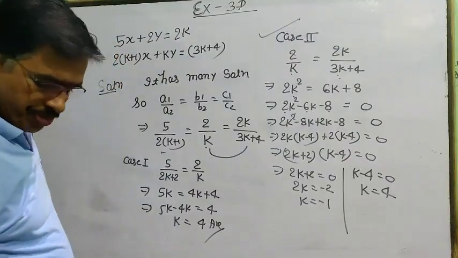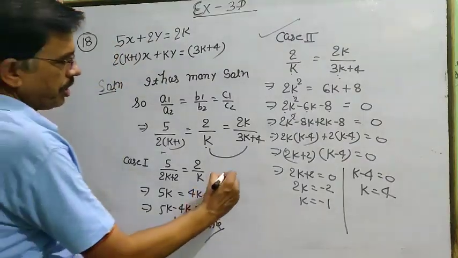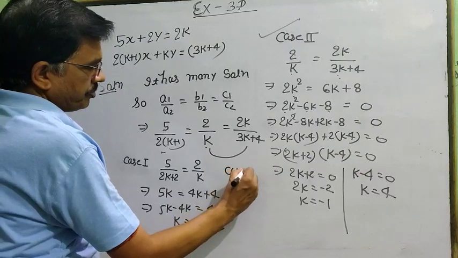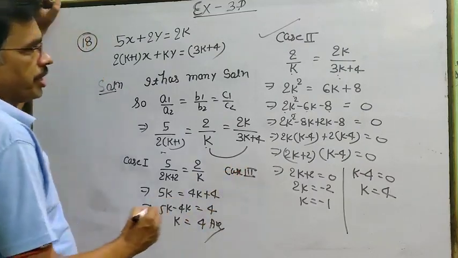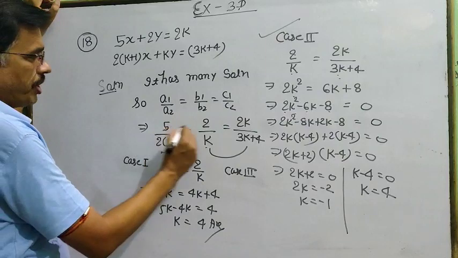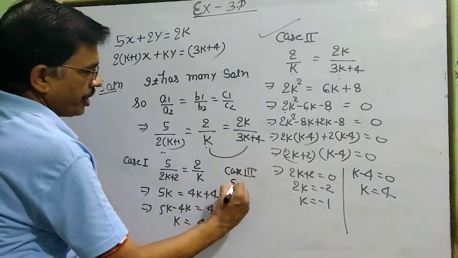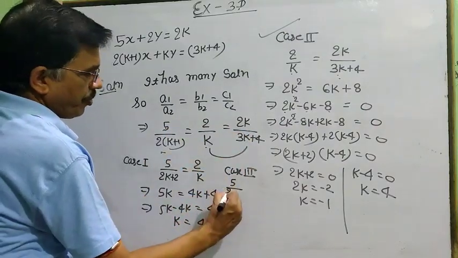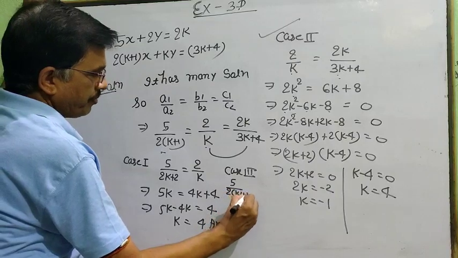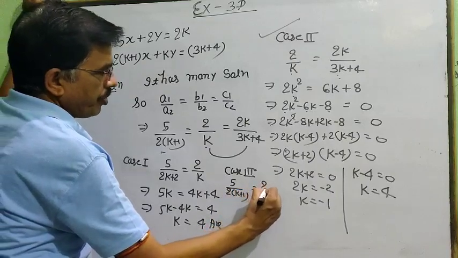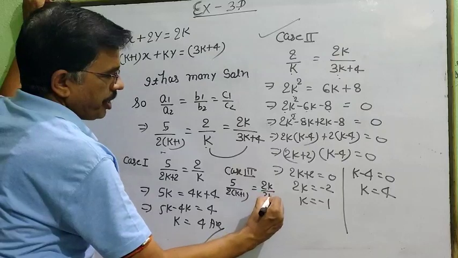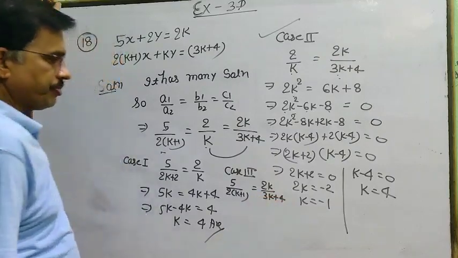And similarly, you can solve case third. Case third is related to the first and third. Here first 5 by 2k plus 1 is equal to 2k by 3k plus 4.